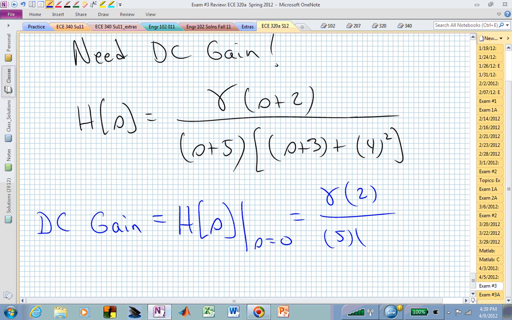And here we would have, whoops, you guys need to wake me up. That should have been a square, right? That was the s plus 3 squared. And so in this piece, we have 3 squared plus 4 squared. And if somebody said, oh, the DC gain of that system was 5, then you would solve for gamma to see what that gain was.